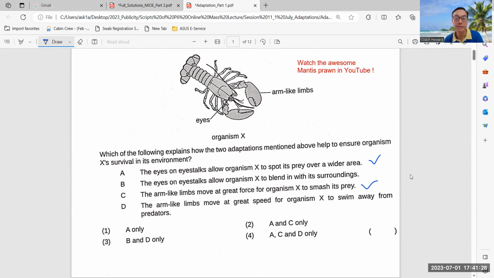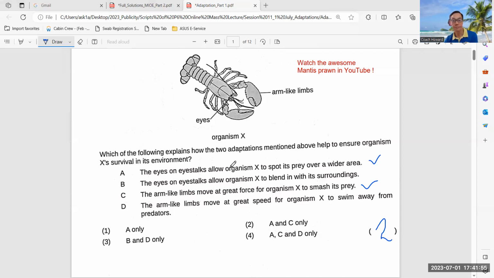The arm-like limbs move at great force for organism X to smash its prey. Move at great speed, they don't swim away. So it's A and C, correct? So the answer is 2. Yes. Okay, next. Next question.